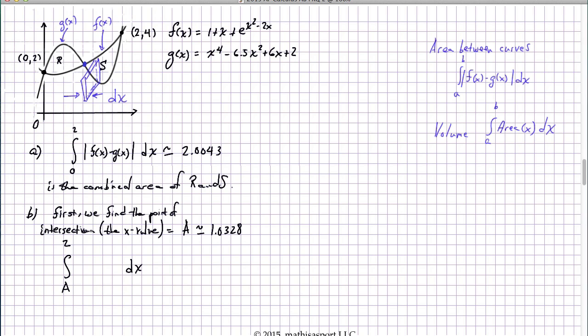And we just have to find out what the area of a square is. Well, it's the side squared. Now, what's the length of the side? Well, again, from this diagram, the length of that side is f of x minus g of x.